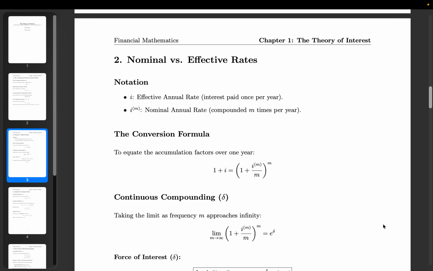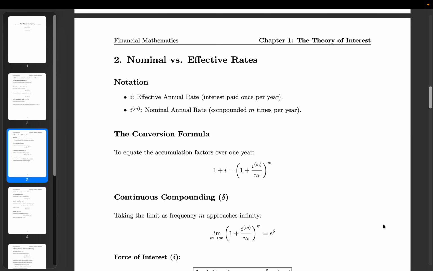If i^(m) is the annual nominal rate, then the rate you actually pay every period is i^(m)/m. So for that credit card, 18 percent divided by 12 equals 1.5 percent per month.